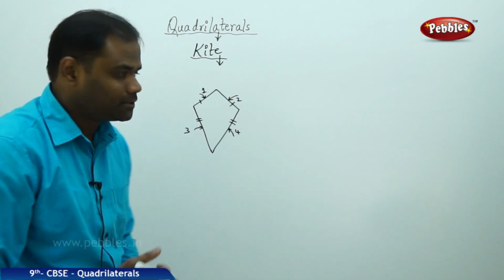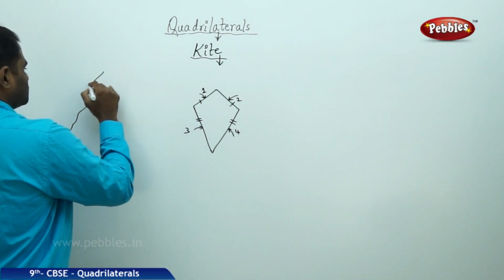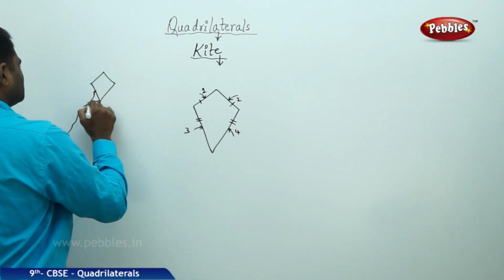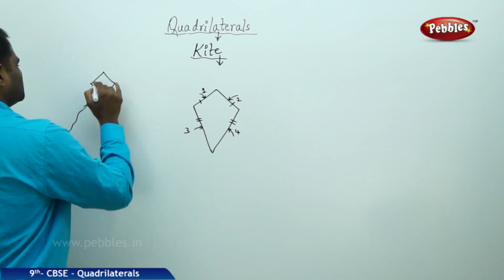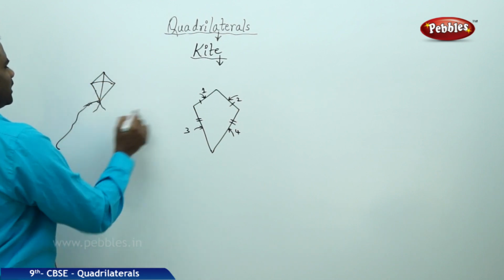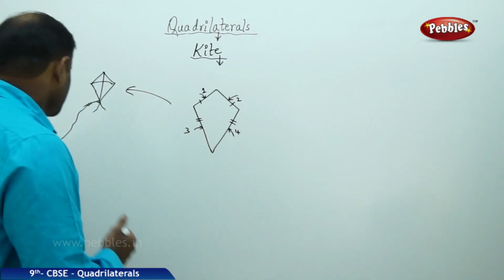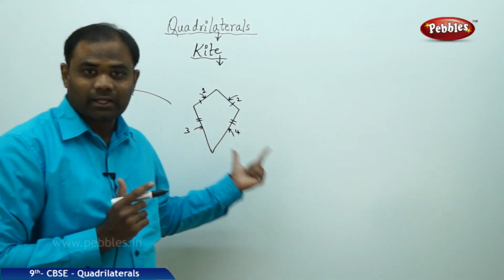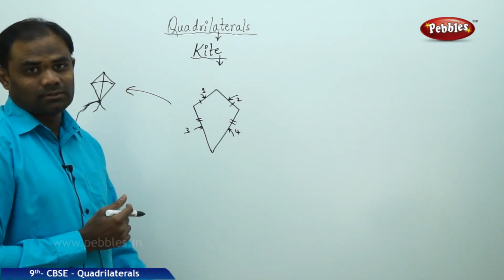The kite which I see, the flying kite, is how I understand the shape of a kite. So here I have a kite flying and here I have a kite in quadrilateral. So such a shape is called a kite.